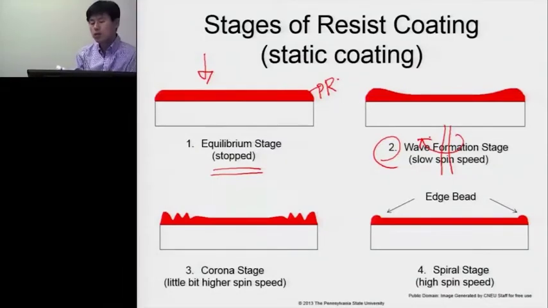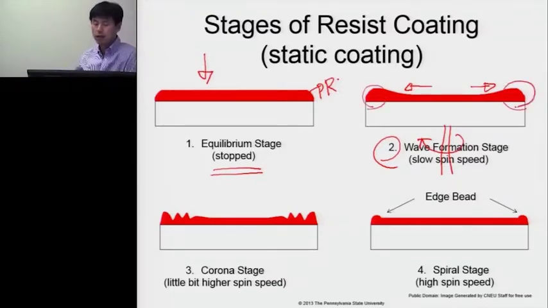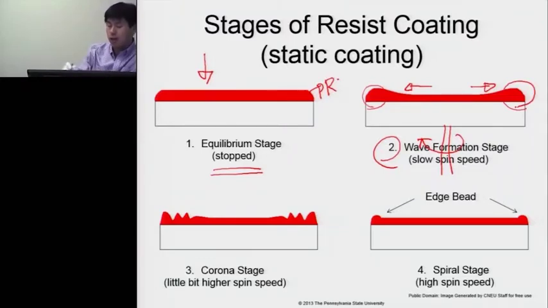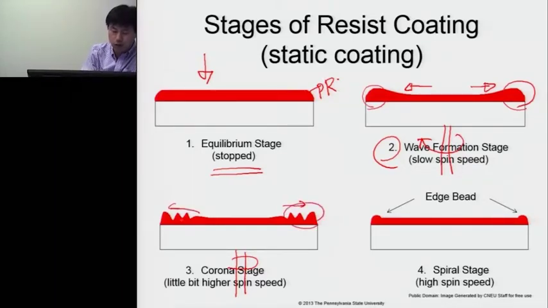As the substrate spins, the liquid photoresist starts to move, but it starts to accumulate at the edges. At a little higher spin speed, it moves a little faster, making these structures.